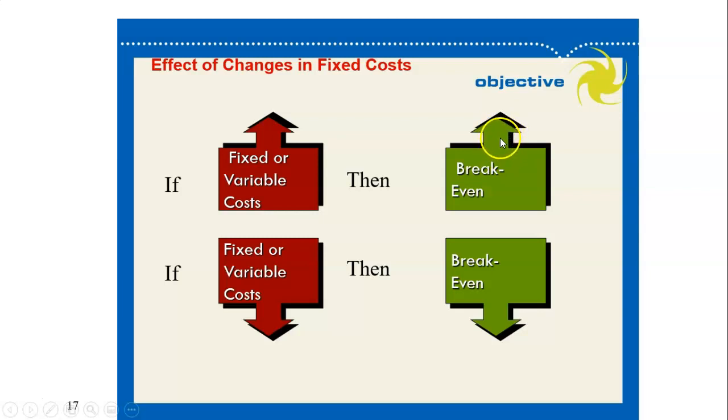And so to get it to 0, we're going to have to sell more units. Okay? If our fixed or variable costs go down, then our break even will go down. So if we can figure some way to reduce our fixed costs or our variable costs, then we won't have to sell quite as many units to break even.